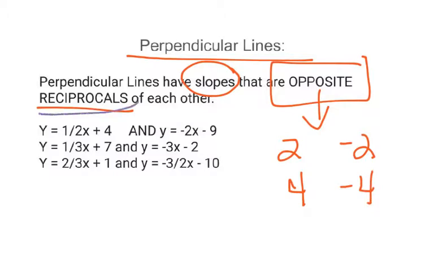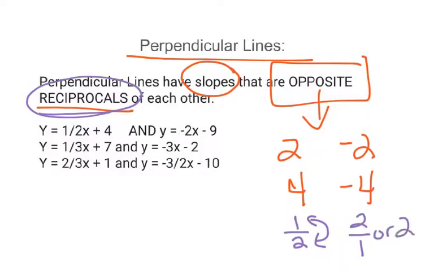Okay, what are reciprocals? That is like 1/2, and if I flip it over, it becomes 2 over 1, or 2. And if I take 3/4 and I flip it over, I get 4/3.